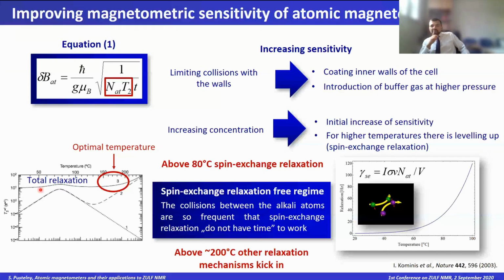But what becomes very important, and this was demonstrated more than 15 years ago and applied, was something that was noted by Will Happer 3 decades ago, probably: when these collisions become very frequent, so they are colliding very fast, the spin exchange relaxation mechanism is being switched off.